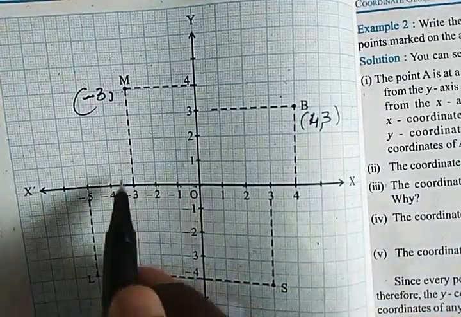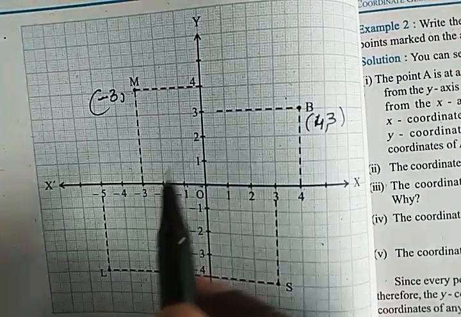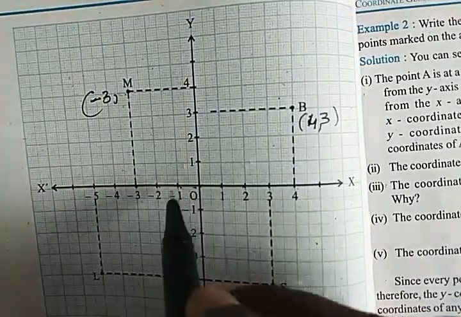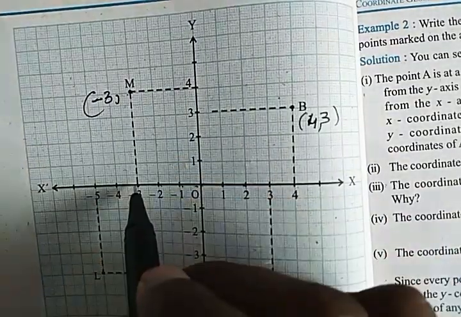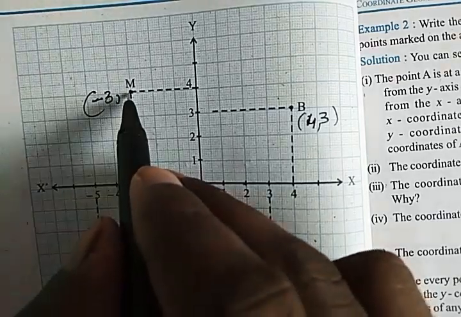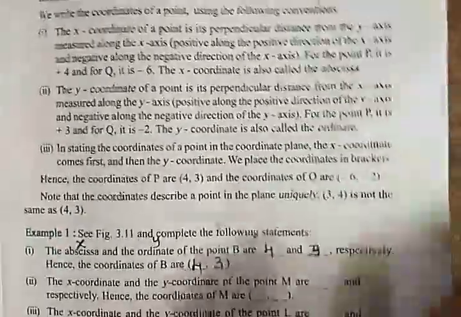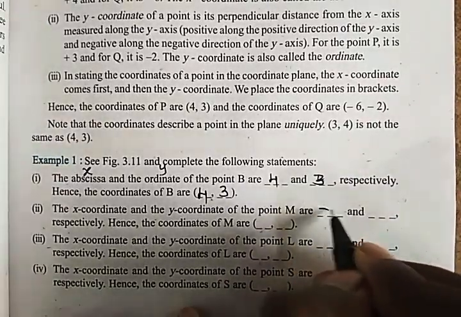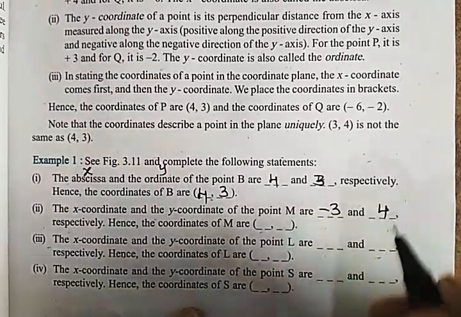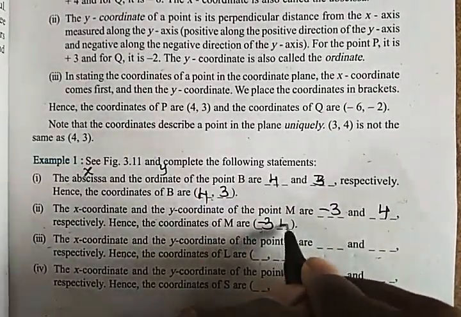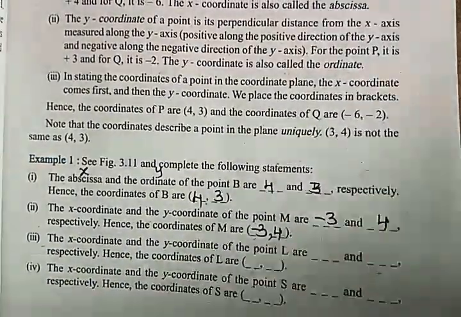What about y? Y means distance from the x-axis. This is the x-axis. Where is this point? 1, 2, 3, 4 units. That is positive. So we will write it as minus 3 comma 4. That is M. Okay.